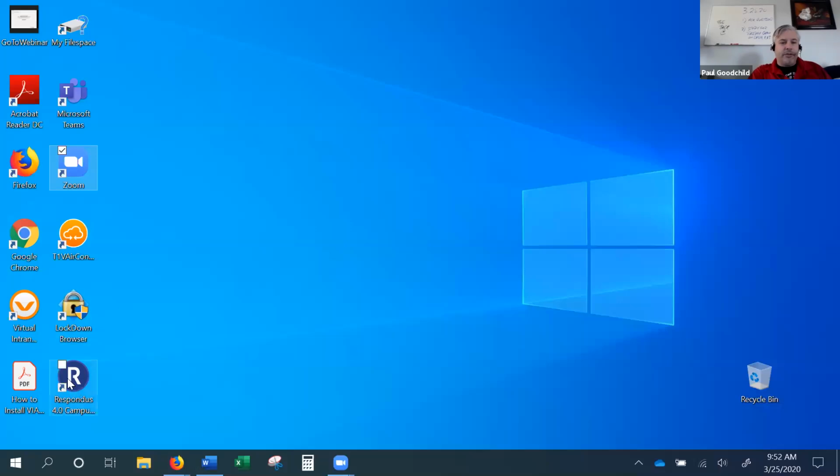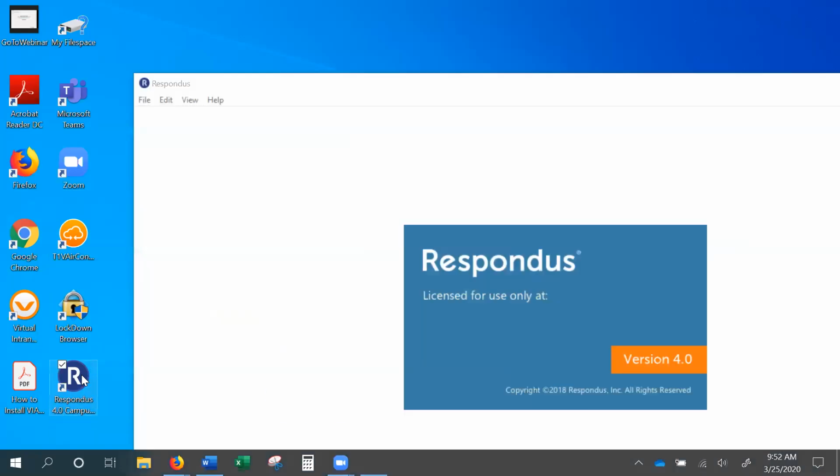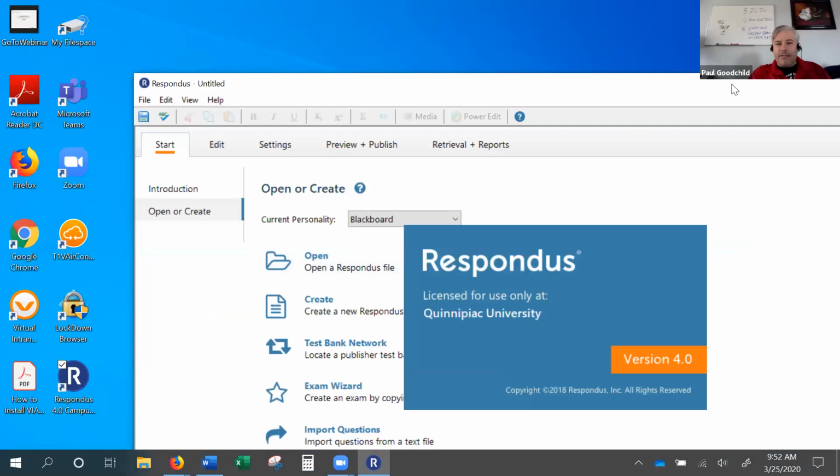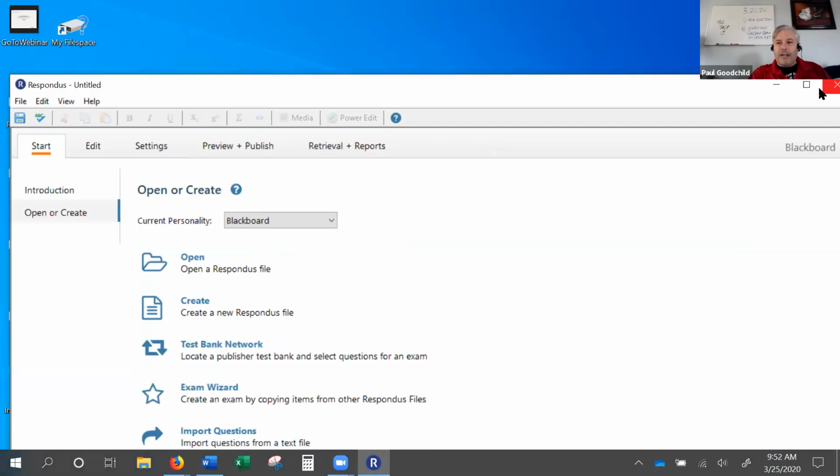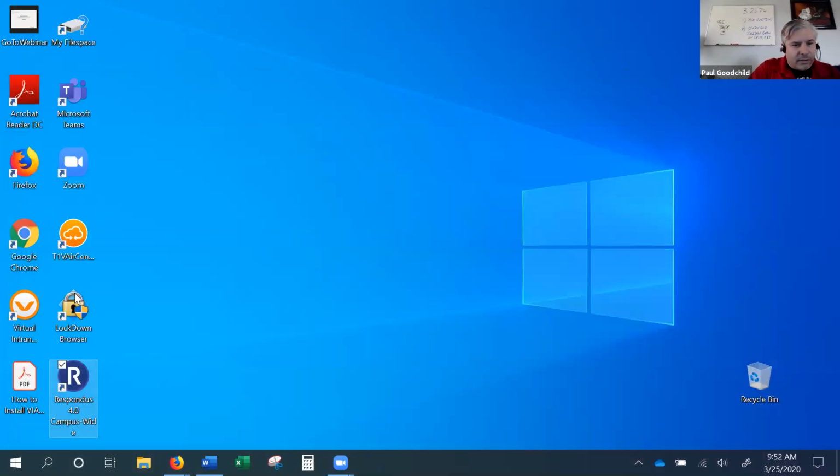So you'll go in on your, I think that's the wrong one. It's a lockdown browser. I don't know if I've got the icon. I think mine is slightly different than yours. Okay. Yeah, that's the 4.0. That's not it. It looks like a lock. Oh, it's right above it. There you go.